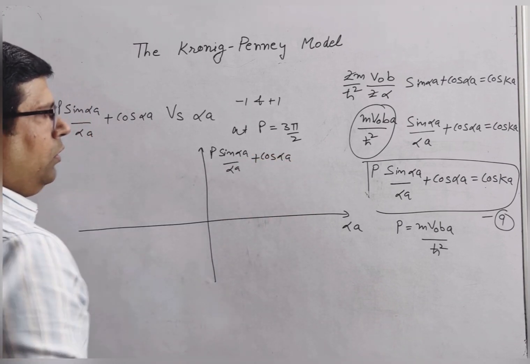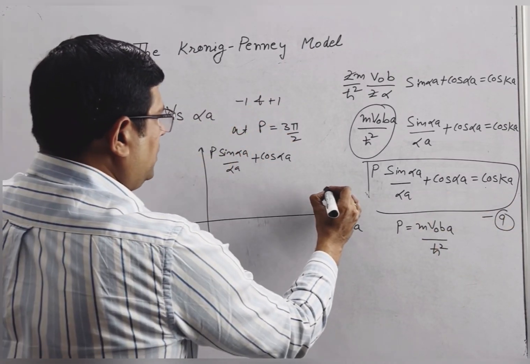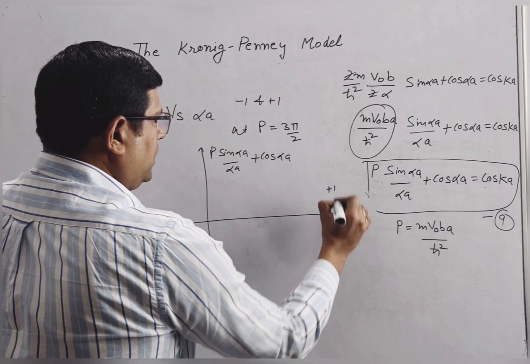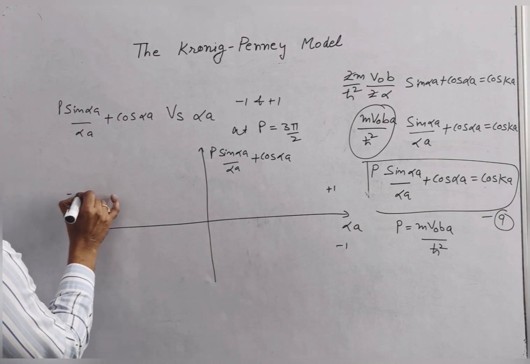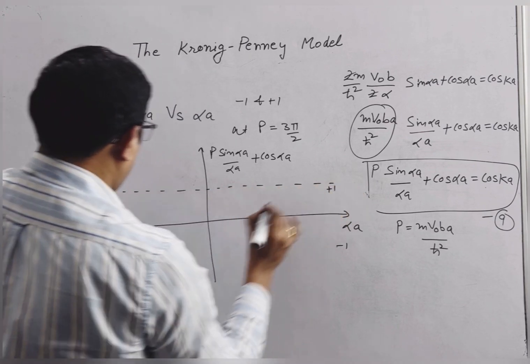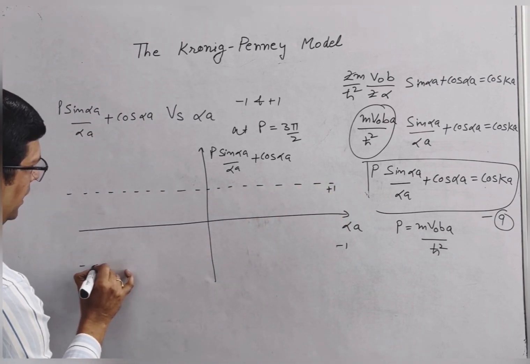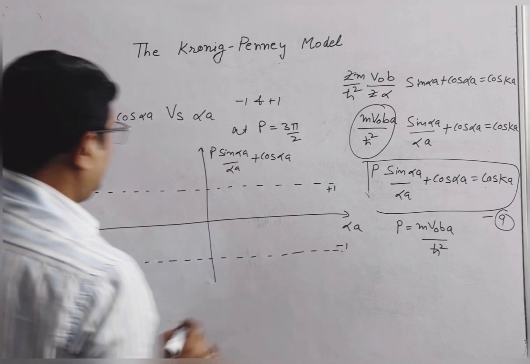Now, the right hand side only takes values between -1 and +1. Suppose this is the +1 line and this is the -1 line.